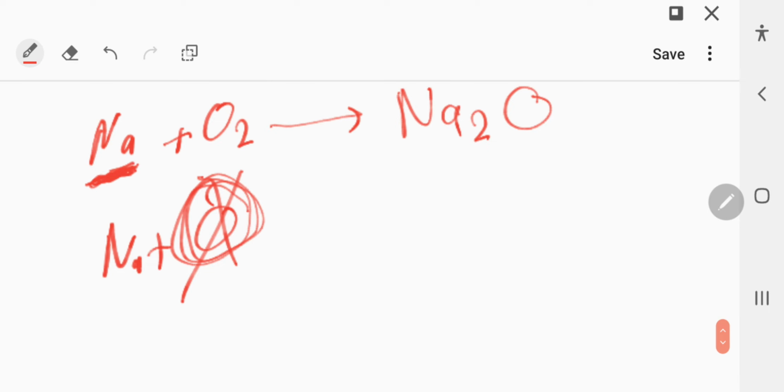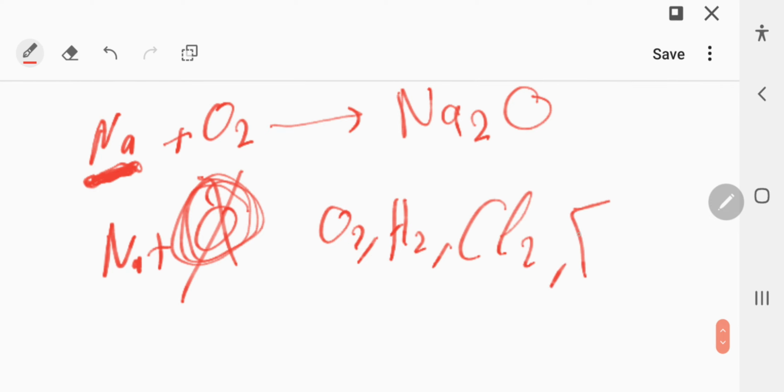This is why the metals could be written individually in chemical equations, while nonmetals like O, O2, H, H2, Cl2, F2, Br2, they are nonmetals, so they don't have a sea of electrons around them to make the crystal stable.